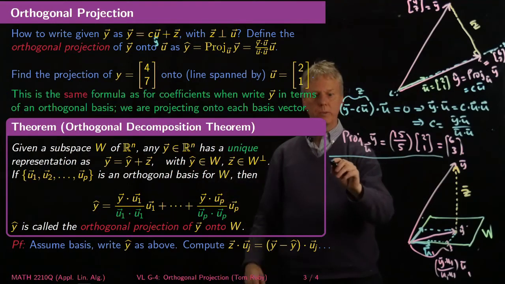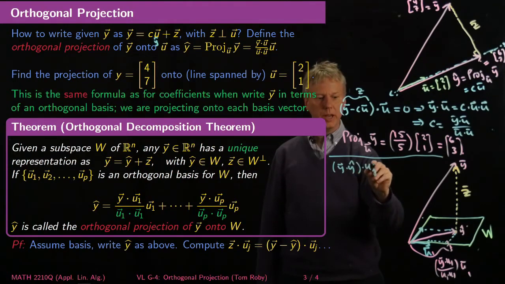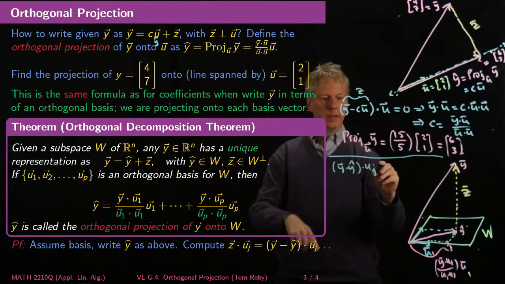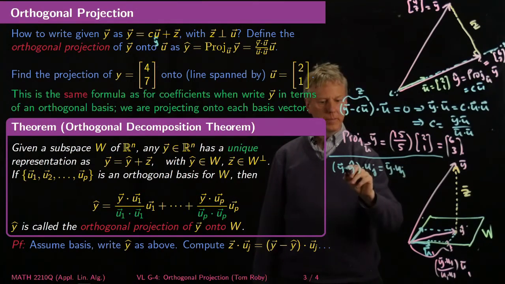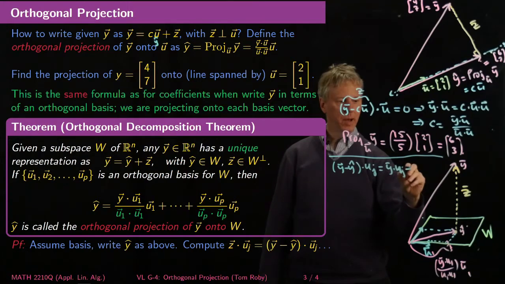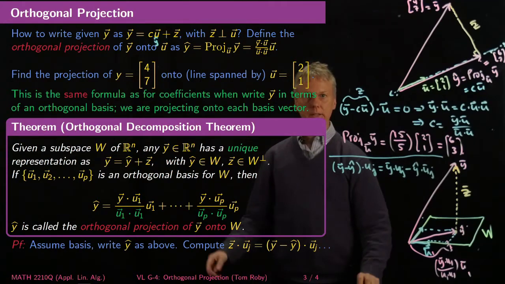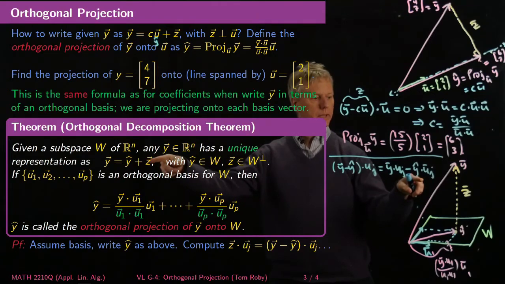So what happens when I take this z, y minus y hat, and dot it with u sub j? Well, this will be equal to y dotted with u sub j, sorry, this is a minus sign, minus y hat dotted with u sub j. So y dotted with u sub j I'll leave alone for now. What is y hat dotted with u sub j?